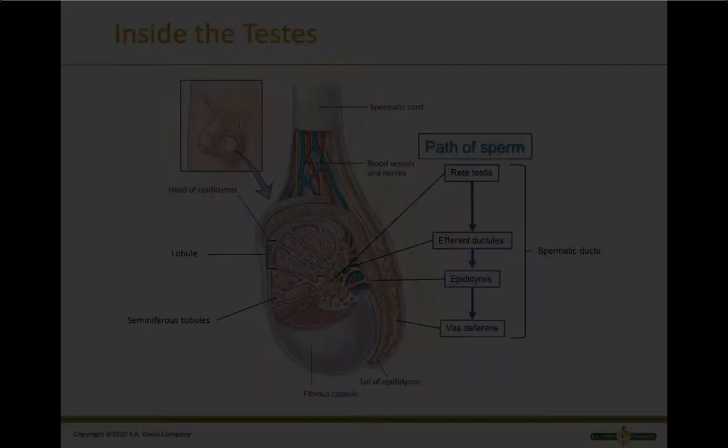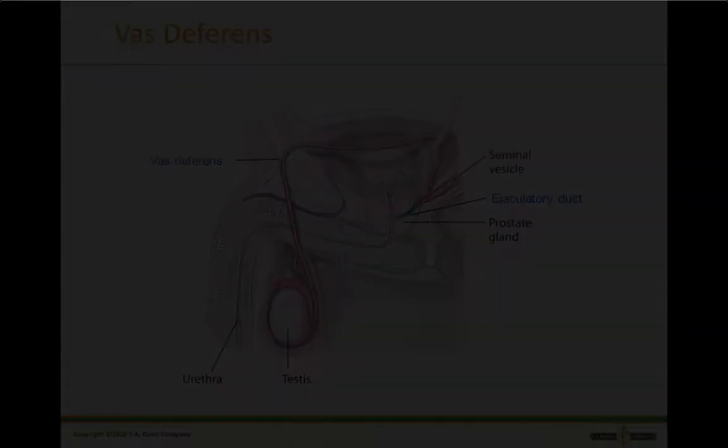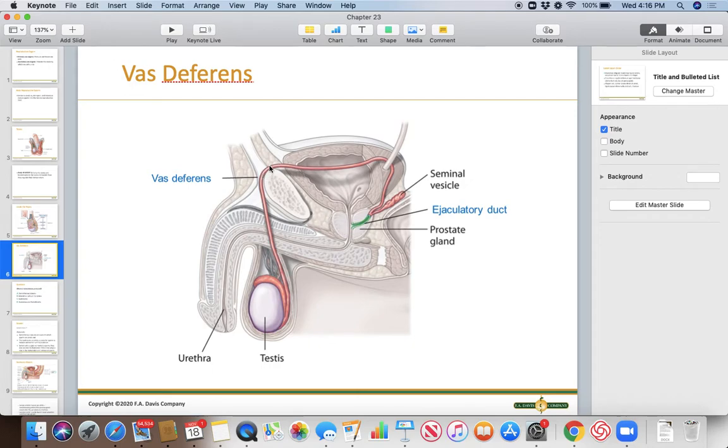Then we have the vas deferens, which takes sperm from the testes to the ejaculatory duct, and they do penetrate the abdominal wall, and that's why there's a weak spot in the abdominal muscles right here in men. That's where most hernias happen. Then the ejaculatory duct takes the sperm to the urethra.